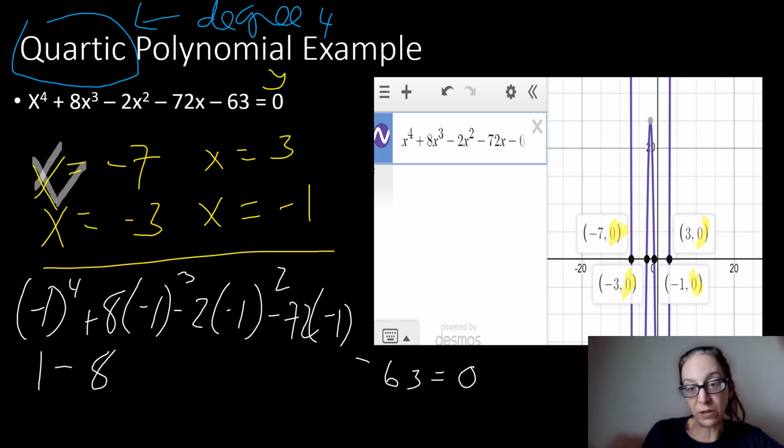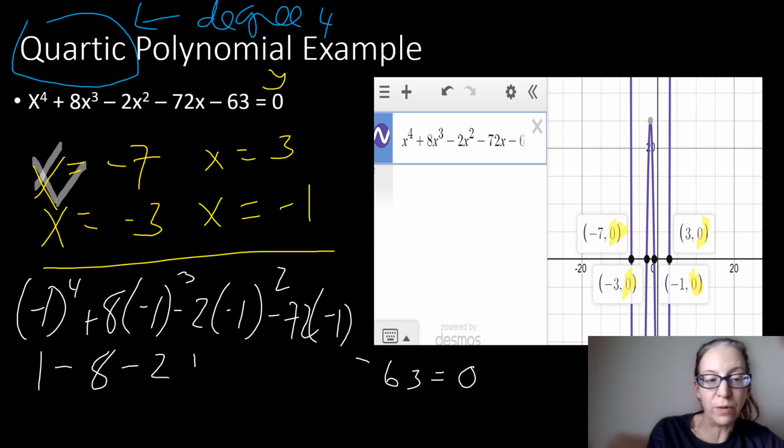Again, the 2 is not being squared, only the -1. So -1 times -1 is +1, and 2 times 1 is 2. Then -72 times -1 is +72, or you could think of it as 72 times -1 is -72, and minus -72 is adding 72, minus 63.